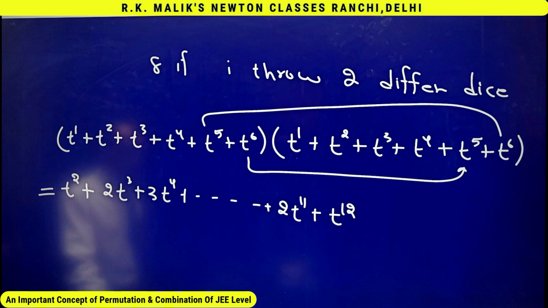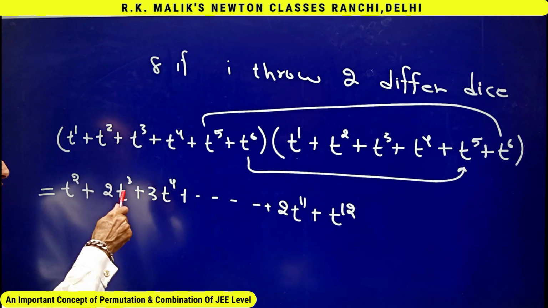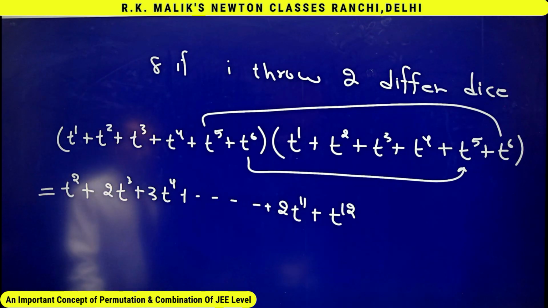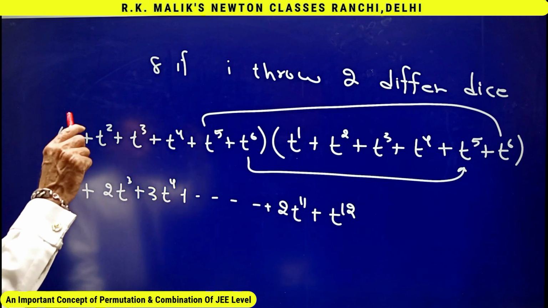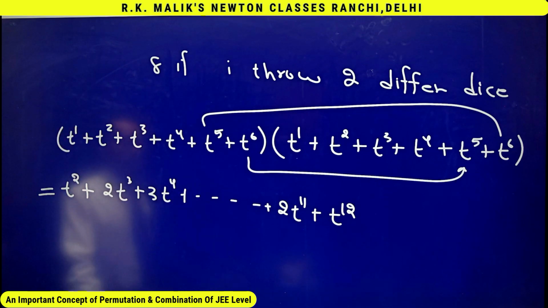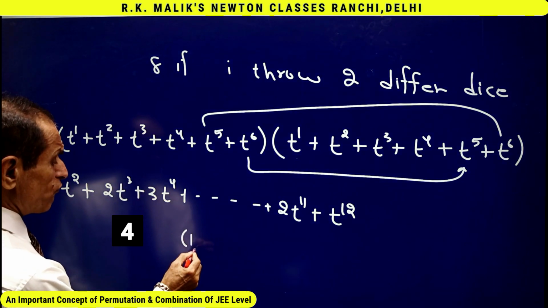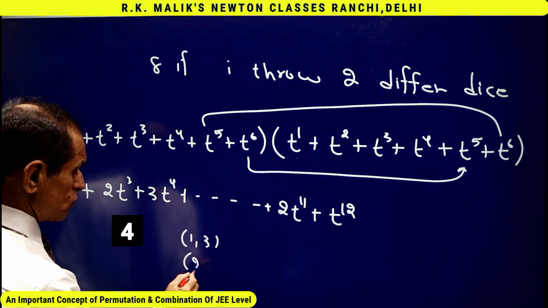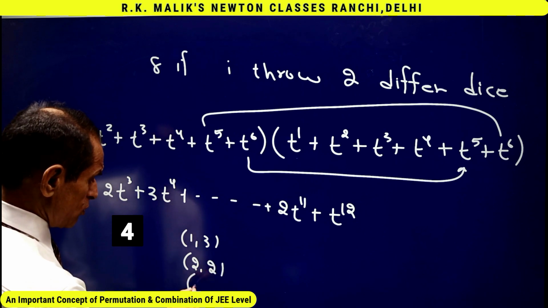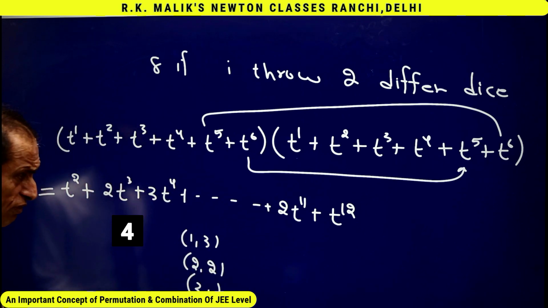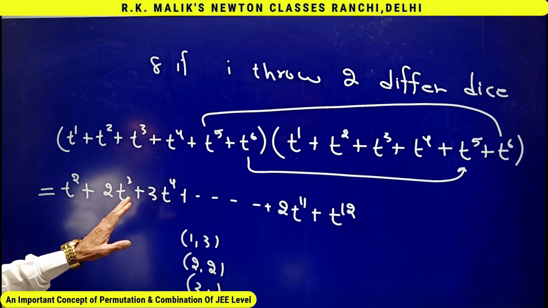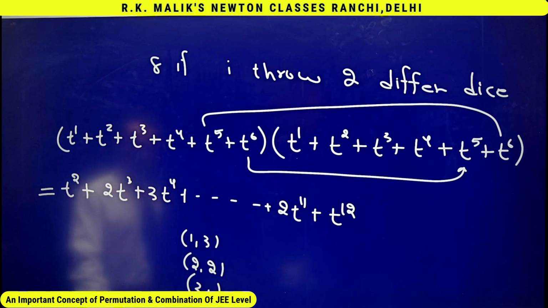Now you can see very easily that coefficient of t to the power 4 is 3. And you know that if I throw 2 different dice, 4 can come in 3 ways with the help of 1 3, 2 2 and 3 1. Let me give attention only to the term of t to the power 4.